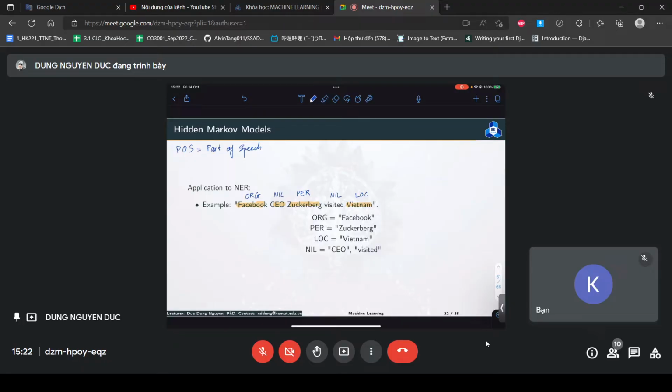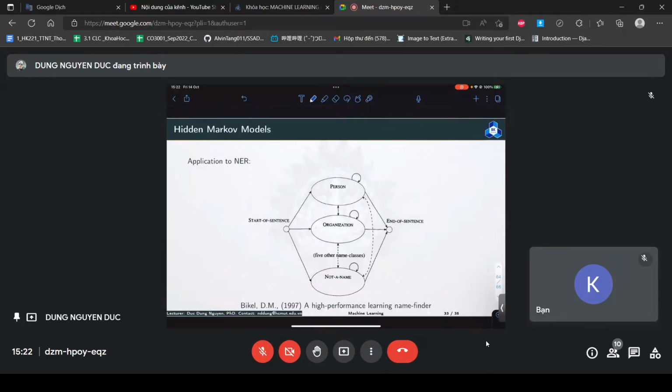Anyway, this is one way to solve the problem, but in some other cases, you know that you can divide the sentence into something more complicated. The full transition, yeah, this is the topography of the hidden Markov network, which can be represented like this one. So at the beginning, you can observe the person, you can observe the organization, you can observe something else.